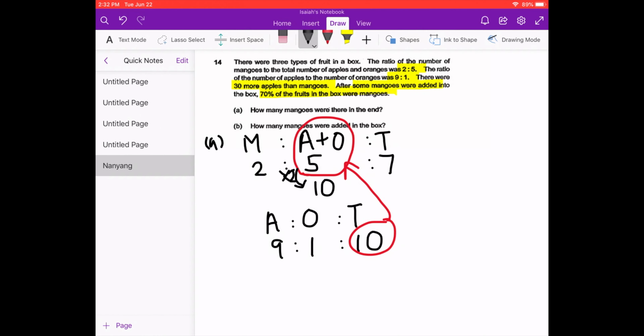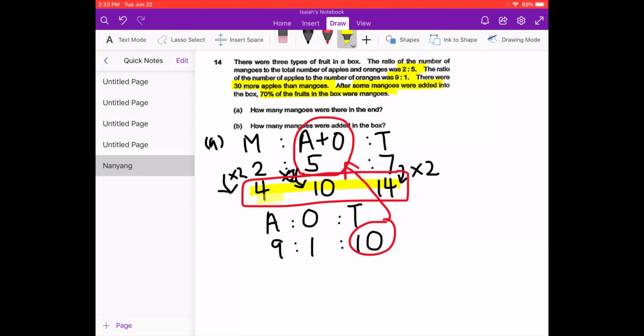When you multiply that by 2, you must do the same for the rest. For mangoes, we will have 4. And the total number of fruits times 2 again, 7 times 2, that will give us 14. Alright, so this will be the new ratio that we are looking at now. Box this up in red.